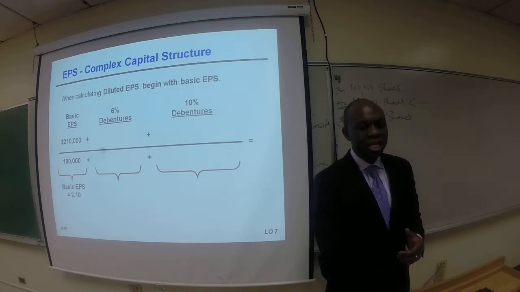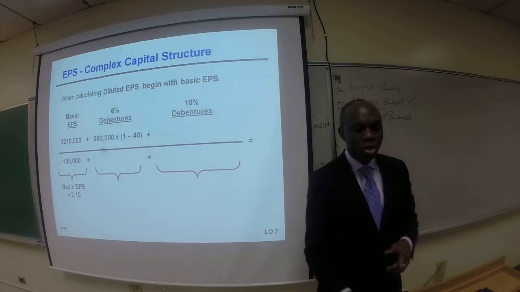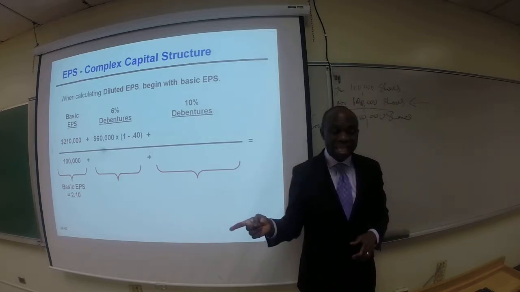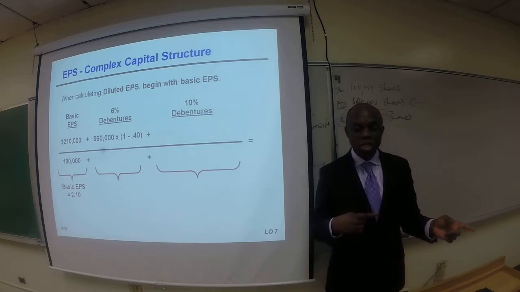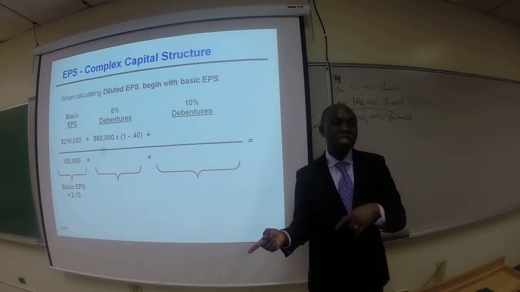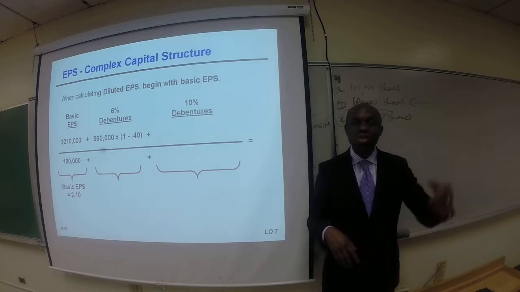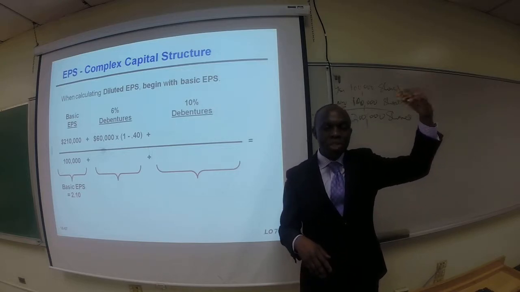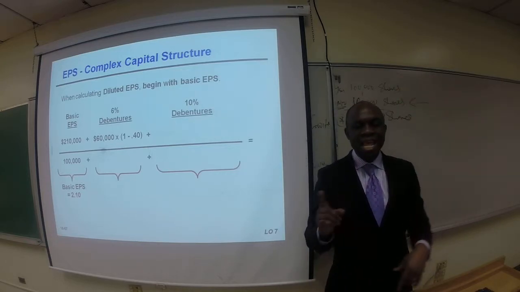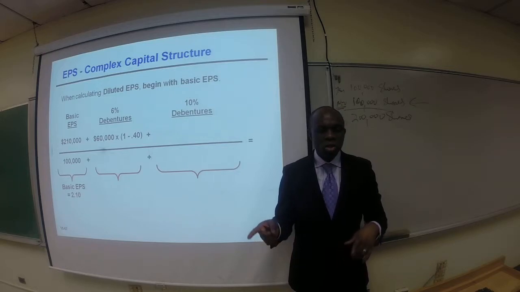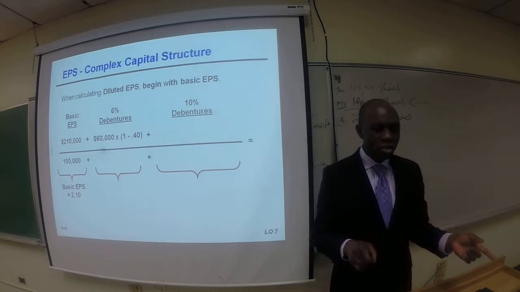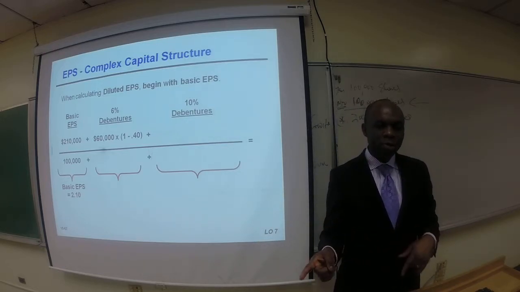Now the 6% debenture, that is 60,000. Remember, that is the interest expense. The interest expense now has to be added to the net income, which is the numerator, net of tax. The tax rate is 40%.